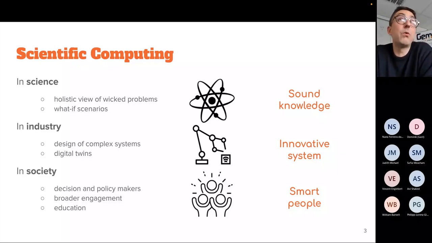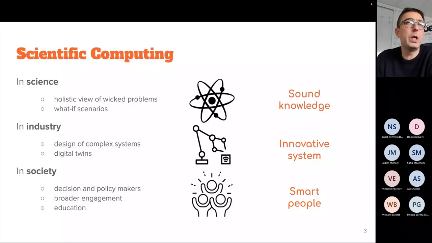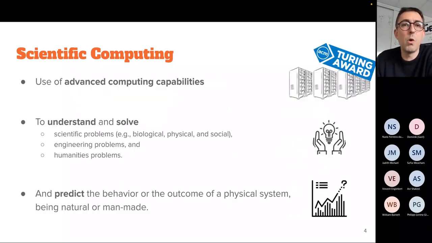We can even use it for education, to better understand some phenomenon and improve the education we have on a specific question. So scientific computing is really everywhere and is eating the world.